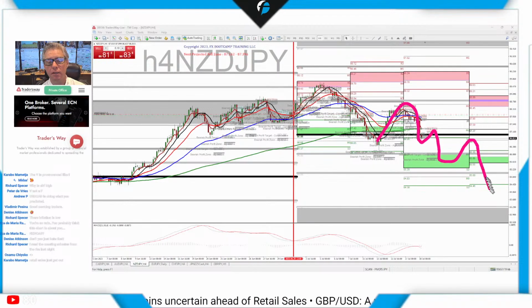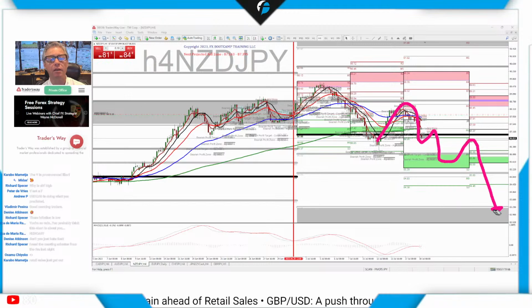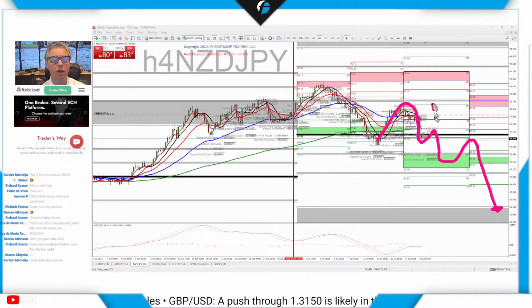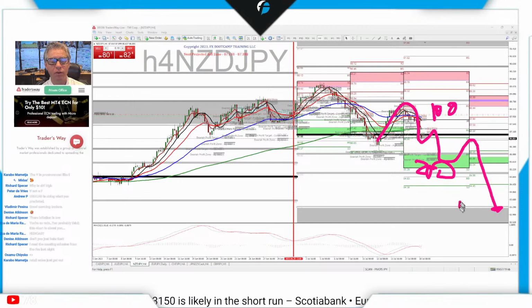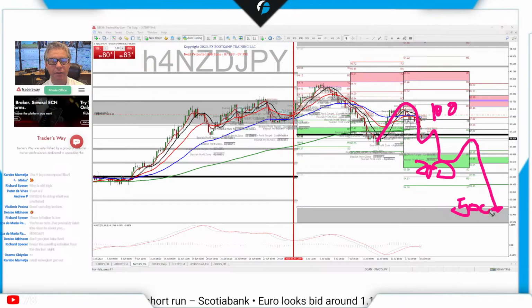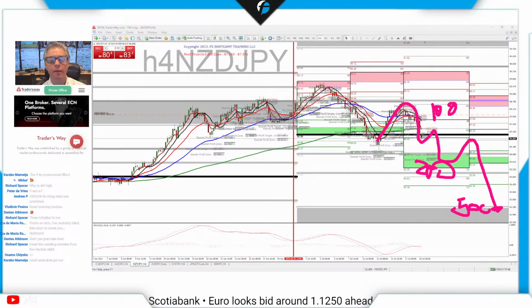Now you're on your way to 83. So it's 500 pips. So what do you think? Is it worth 100 pips? Is it worth 200 pips? Or is it worth 500 pips? What is your plan? And of course, you could have another one here and a third one here.